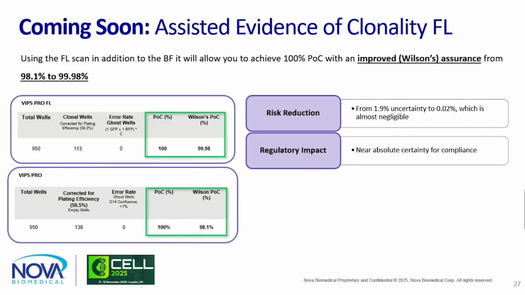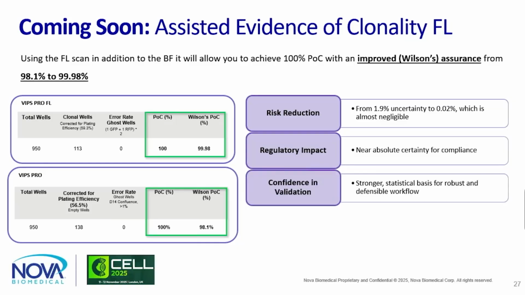When it comes to regulatory compliance, you need to have near absolute certainty for monoclonality proof. What this also means is that you're going to have a stronger statistical basis for your workflows and be able to defend those single cell workflows and proving clonality.